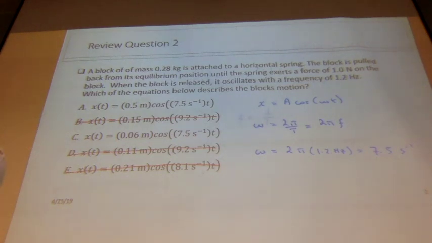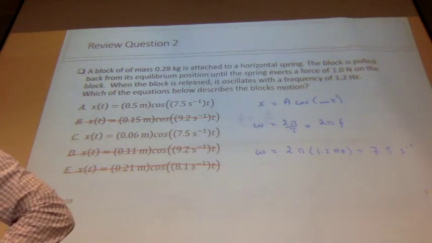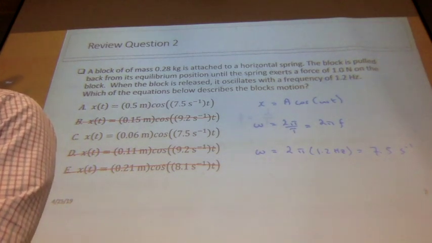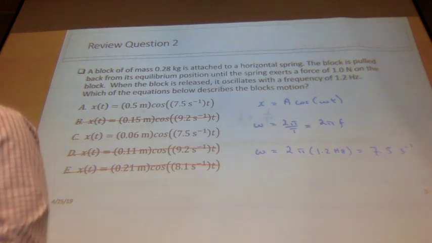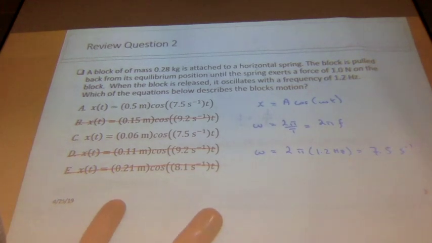Okay. Now the next part. I hadn't solved the problem in a little while, and I was like, oh, this is a good one. I've only got the mass and the force. I know the force is linked to the amplitude, but I'm definitely going to have to do some sort of combination of equations and some algebra here.